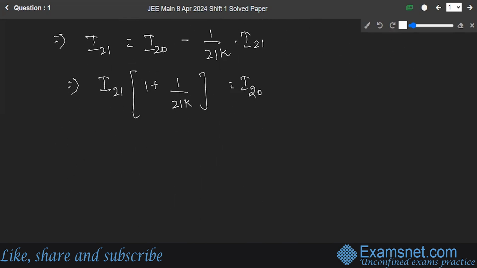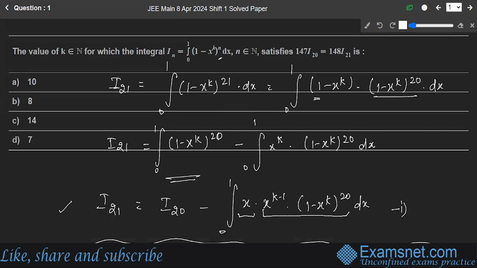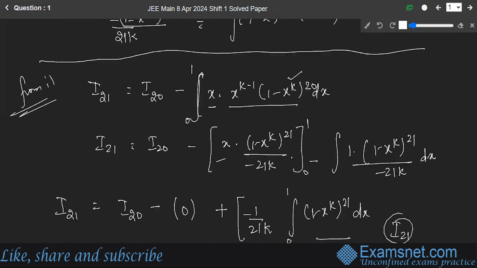Or you have 1 plus 1 upon 21k is equal to I-20 upon I-21. This is equal to 148 upon 147.